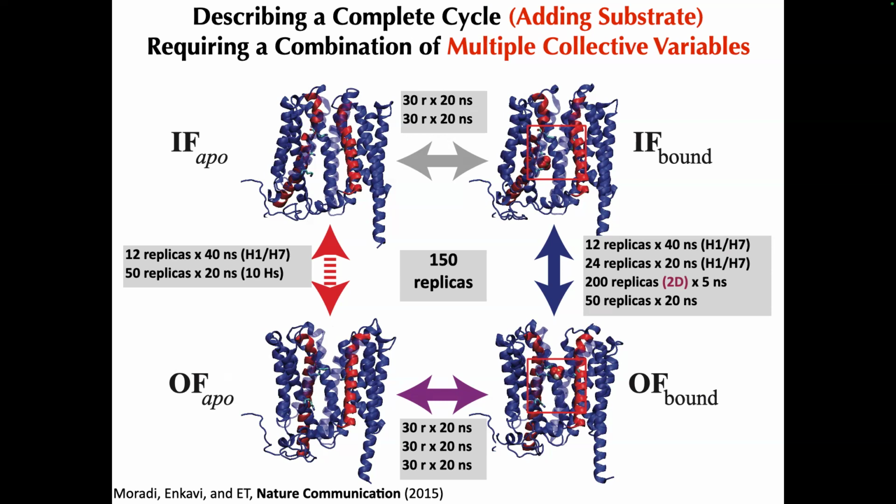Is it unbinding of the product? What is the step that is affected? Then you describe it in the wild type case, and then mutate the system and relax the system. If conformational changes happen, fine; if they don't happen, we'll see. Then do the same process for the mutant, the same way that you did it for the wild type. That's the most scientific way of going about it using this technique.